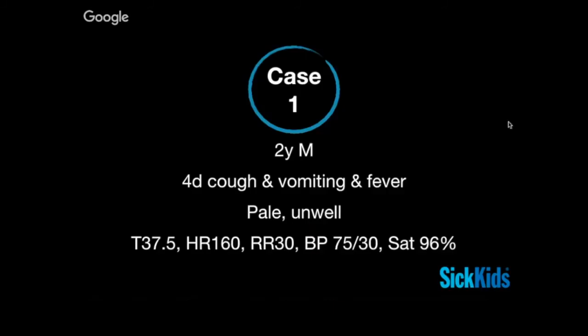Okay, having said that, you guys know how to look at hearts, you know how to look at lungs, you know how to look at an IVC. So let's run a series of cases and see if we can take shortcuts through the PALS algorithms based on using ultrasound. So here's a fairly common presentation, right? 2-year-old, they have fever, they have cough, and they have some vomiting for 4 days.